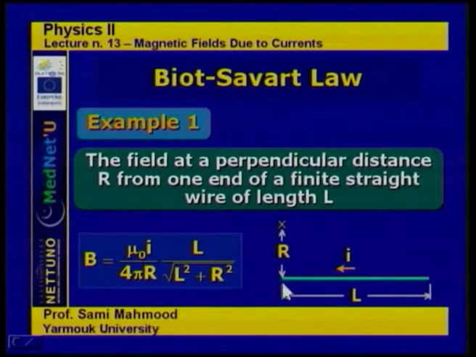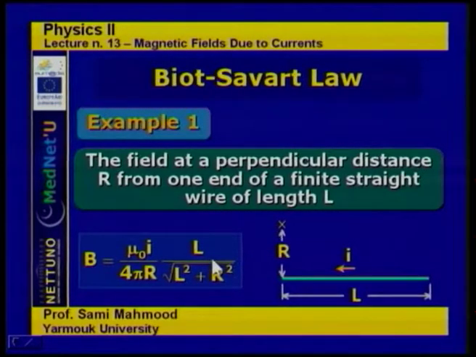Sorry, if we are measuring the field near one end of the wire, we assume that one end is at z equals 0 and the other end is at z equals L. So the limits of the integral would be from 0 to L. If we take these limits and consider the same integral that we have performed before, the result is mu naught I over 4 pi r times L over the square root of L square plus R square.